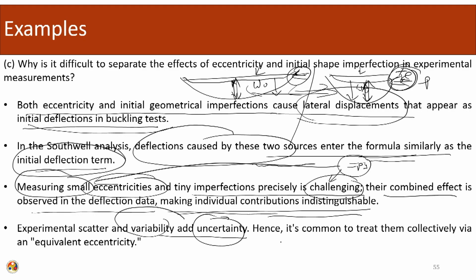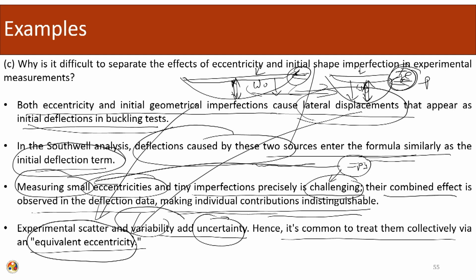Commonly, we treat them collectively via an equivalent eccentricity. Whatever the cause might be, we put it as an equivalent eccentricity that takes care of the deflections due to geometric imperfections as well as deflections due to lateral displacements. This is a workaround that we normally use.